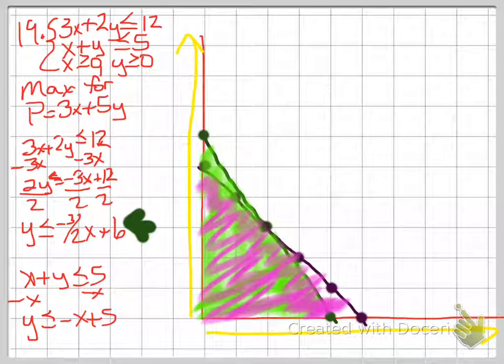So now, where are our vertex points for the overlapped area? Well, let's take a look. Okay, I've got 1 point right here. I have 1 point right here. I have 1 right here. And I have 1 right here.